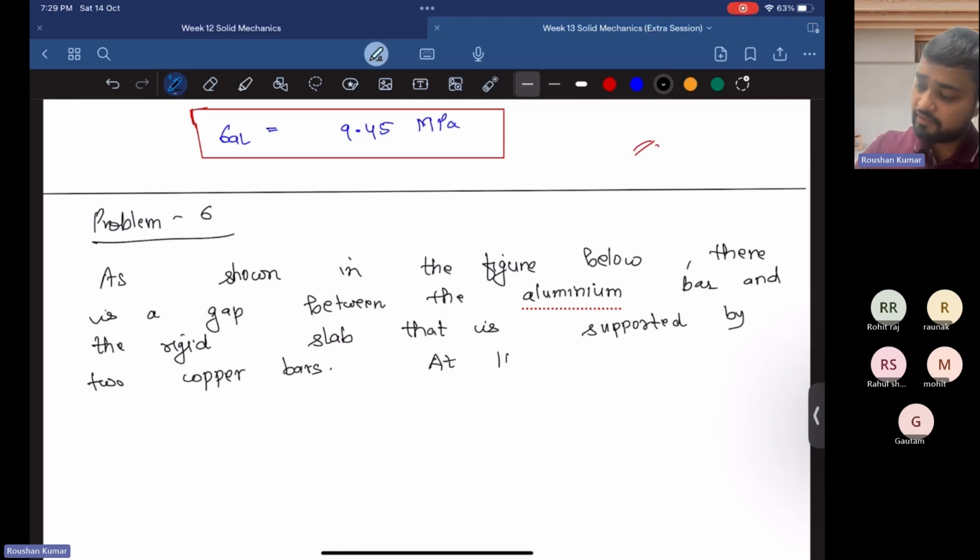At 10 degrees Celsius, delta is 0.18 mm.